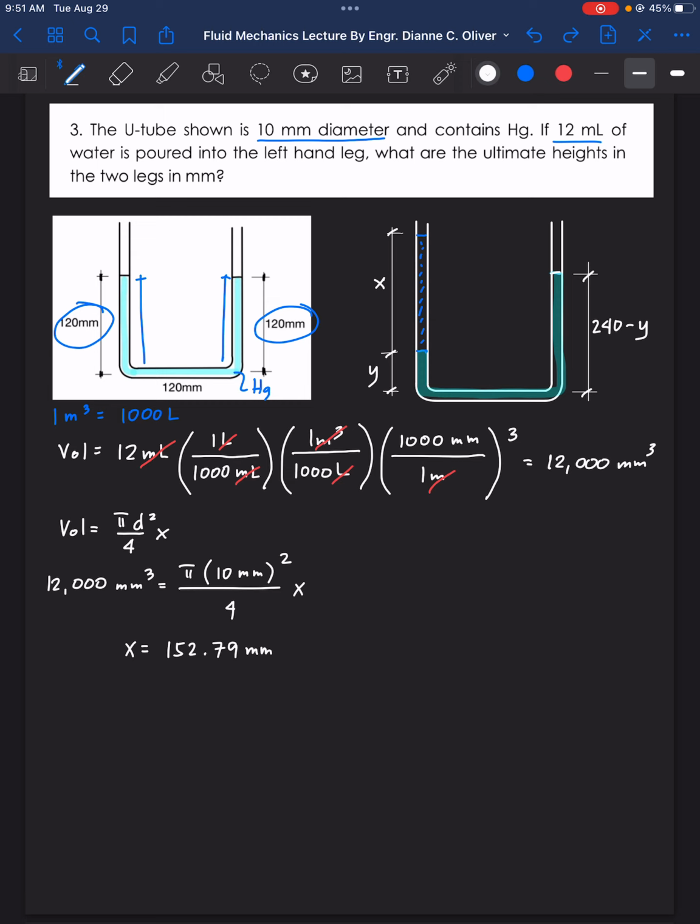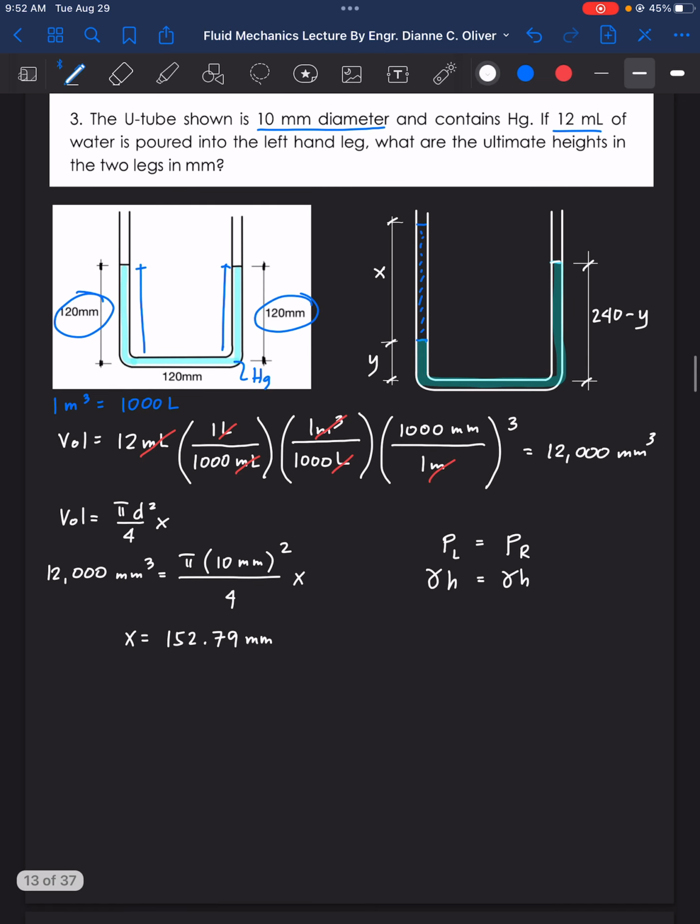Next, we need to find the value for y. Looking at this portion here at the right side, for it to be stable, the pressure at the left side is equal to the pressure at the right side, so that the liquid in the left side and the right side will remain stable. So we have pressure left equal to pressure right. The formula for pressure is gamma H. So what's the gamma H for the pressure left?